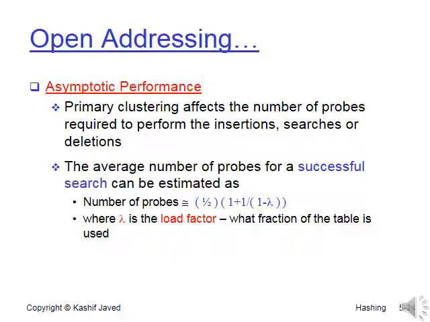The average number of probes for a successful search using linear probing can be estimated as approximately 1/2 times (1 plus 1 divided by 1 minus lambda), where lambda is the number of elements divided by the table size, called the load factor, which implies what fraction of the table is used.